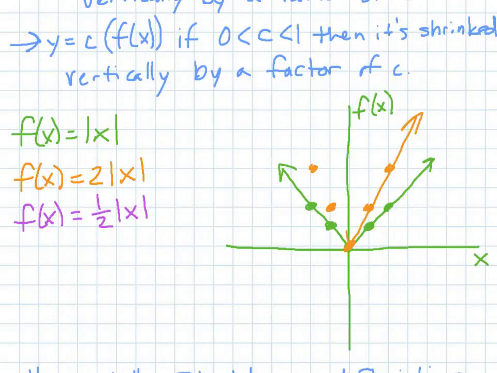So notice how it becomes closer and closer to that f of x line. Okay. If we do a half, then it shrinks it so it's pushing it down towards my x-axis. So instead of 1 for a y value, I get half. And then for instead of 2, I get 1. Okay, so we get pictures like that.